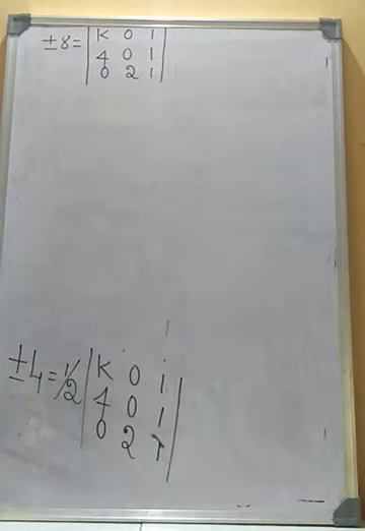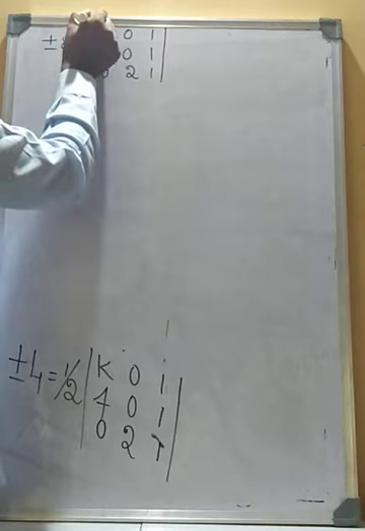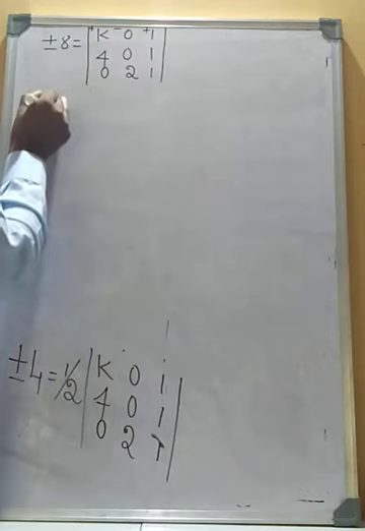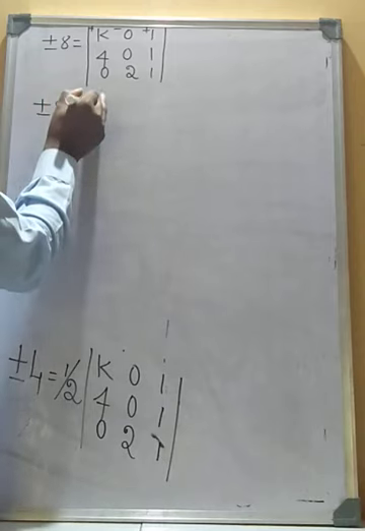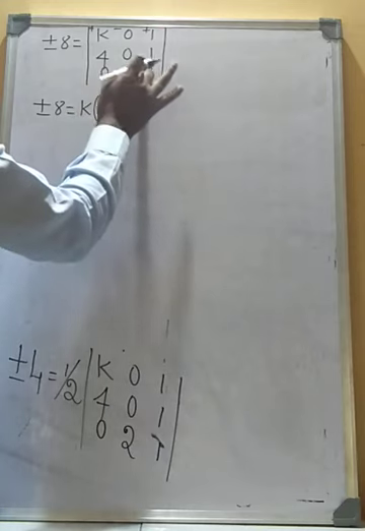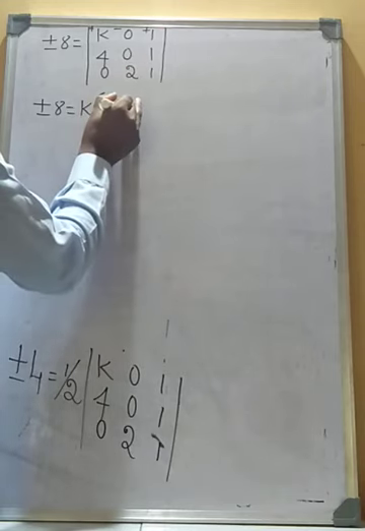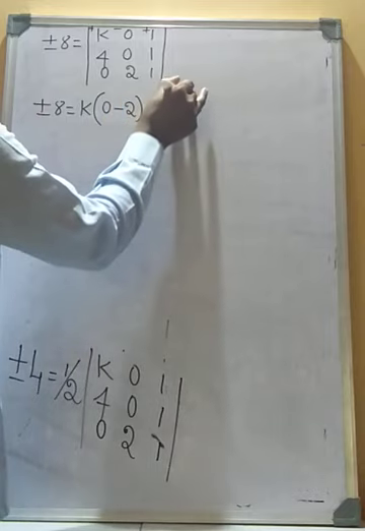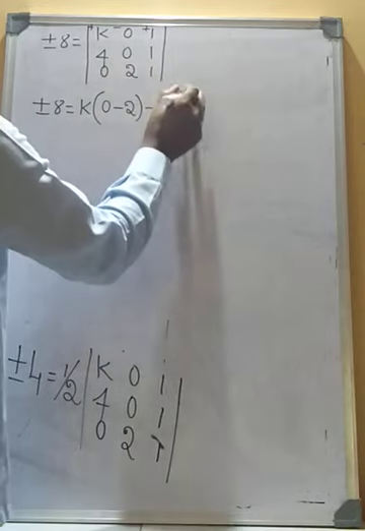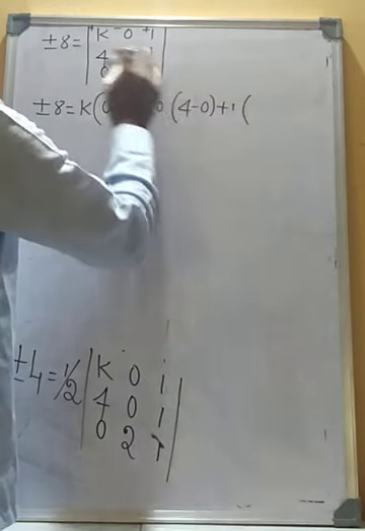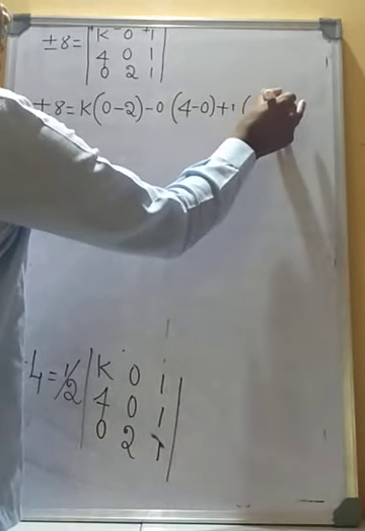Expansion along the first row or the first column. So now I am taking the first row, with signs plus, minus, plus. Plus or minus 8 is equal to k into (0 ones are 0, minus 2 ones are 2), minus 0 into (4 ones are 4, minus 0), plus 1 into (4 twos are 8, minus 0).